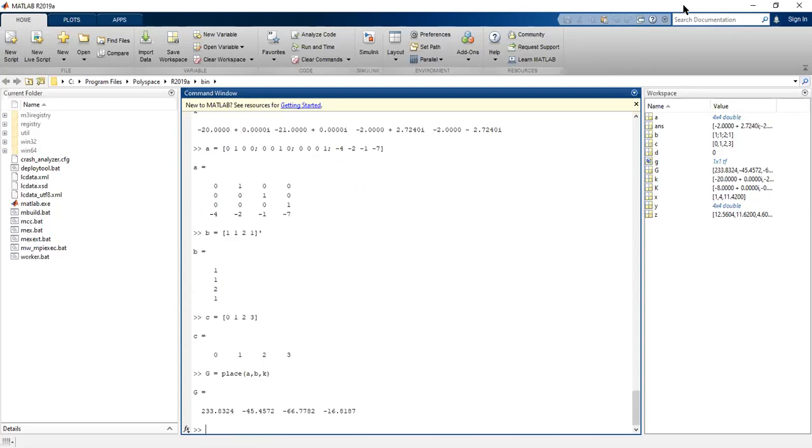But before you did all of that, you have to type in CTRB to find out whether the system is controllable.